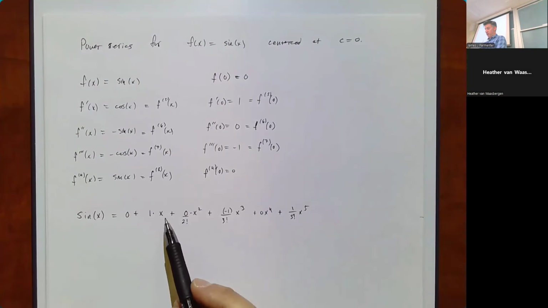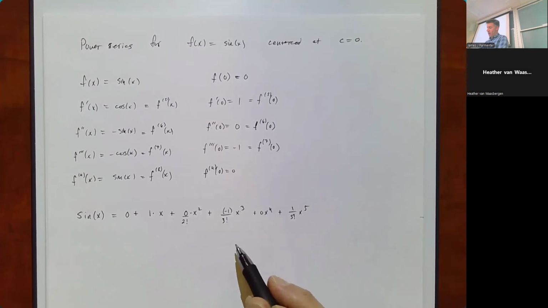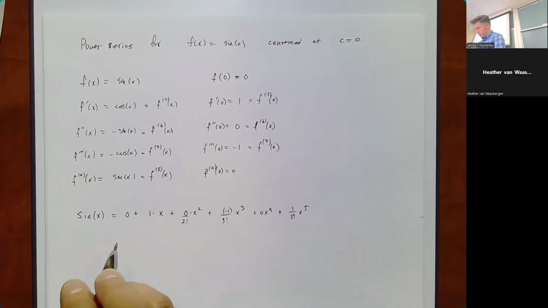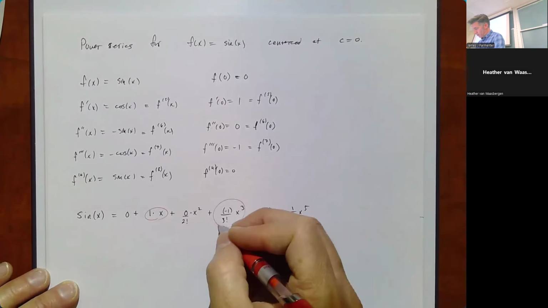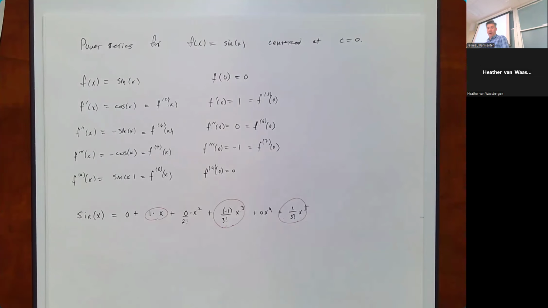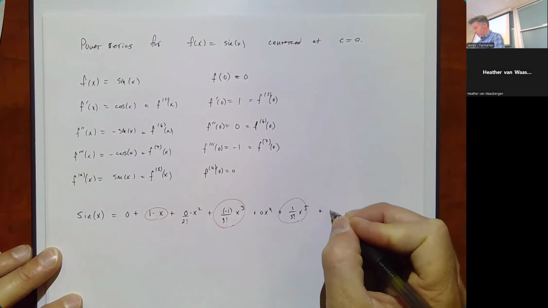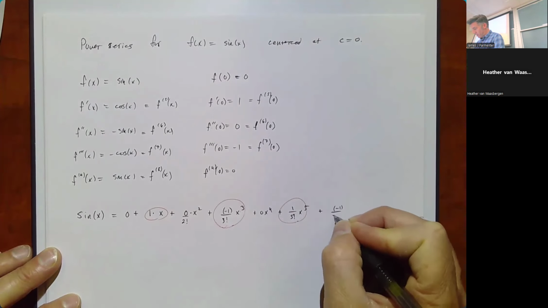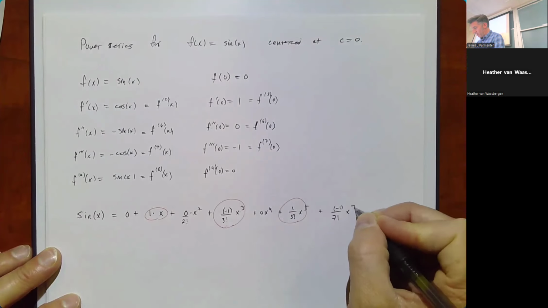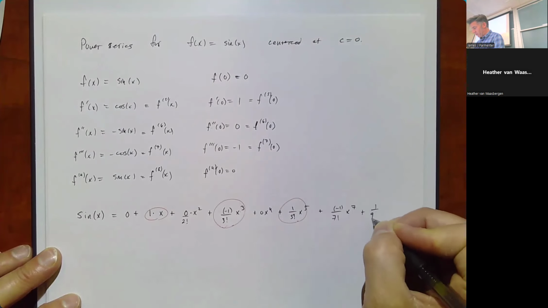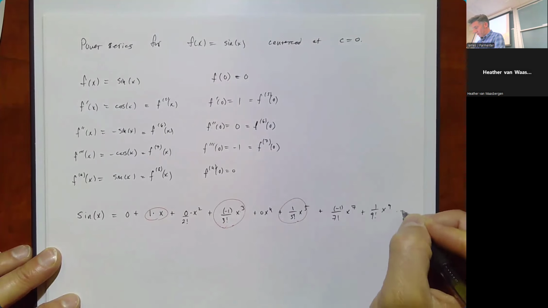We're getting every odd power of x, x to the first, x to the third, x to the fifth, divided by that same number factorial, but the signs are alternating. So the next term I expect is plus negative 1 over 7 factorial times x to the 7th, and then plus positive 1 over 9 factorial times x to the 9th, and so on and so on.